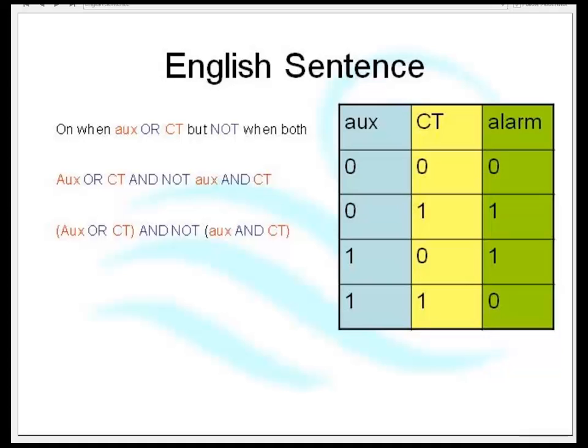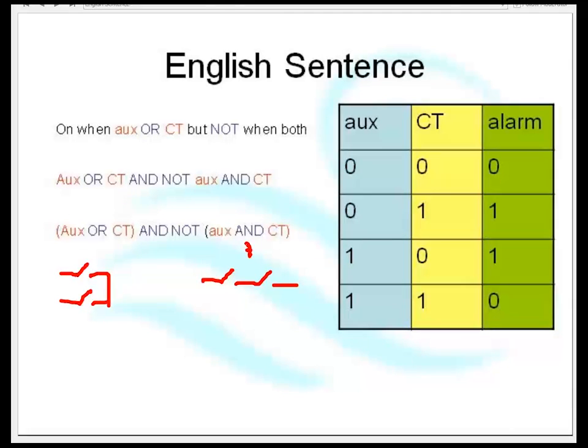Which is it? Or means two switches in parallel. So I've got a switch there and I've got a switch there. Two switches in parallel. Now the bracket over here, auxiliary and the CT. And means two switches in series.